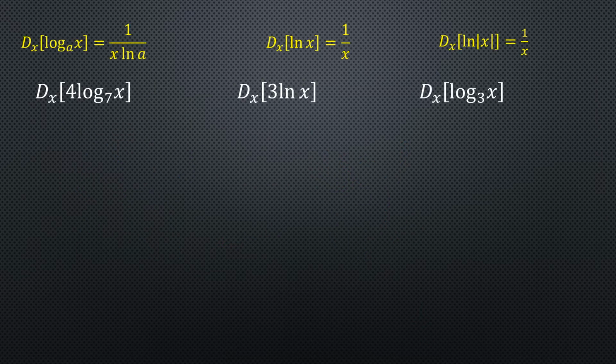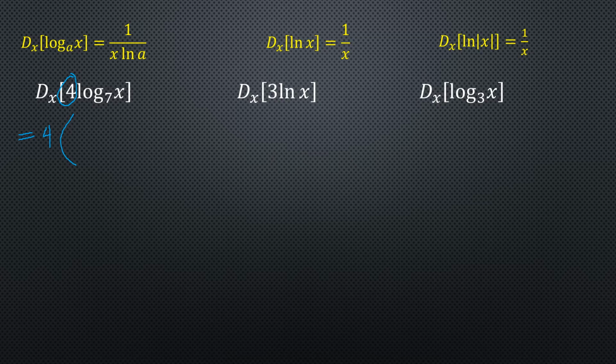On the first example, the derivative of 4 times logarithm of x to the base 7. We see here that there is 4 and 4 is constant. So we are going to use the constant multiple theorem.